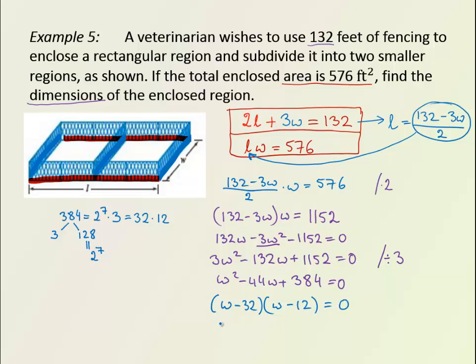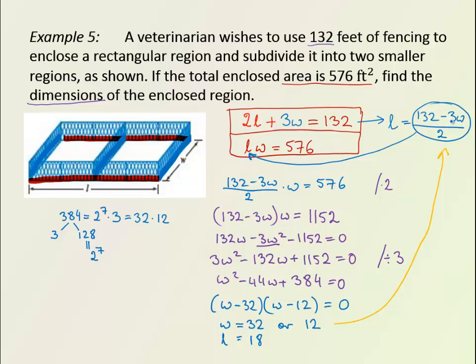So we end up with the following roots. W could be equal to 32 or 12. Now, if W is 32, then from the substituting equation, we can calculate that the corresponding L would be equal to 18. If W is 12, plug it into the substituting equation.